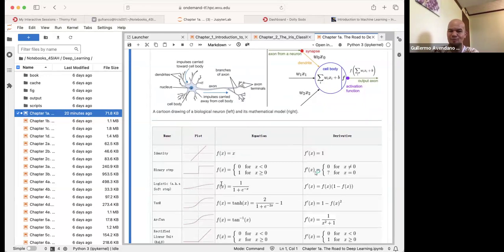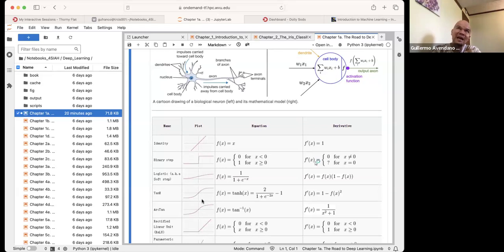And they used the logistic function. Over time, people discovered that they could eventually use other functions. Some of them are less nice from the mathematical point of view, because they are not continuous. They are not infinitely differentiable functions, which the logistic function is. It has a nice mathematical feature.